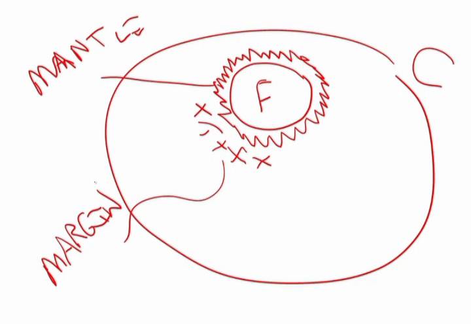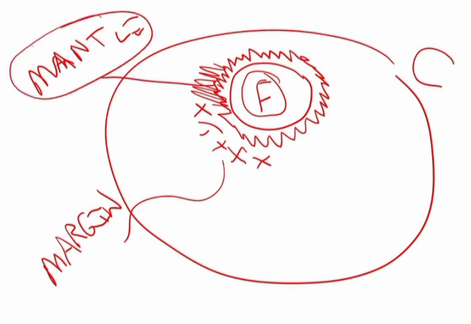And when we think about cells that are small and neoplastic, they basically produce structures that are very similar to the normal lymph node. So we can have a follicular lymphoma that's going to produce a bunch of follicle-like structures. We can have expansion of the mantle zone by neoplastic cells, which is called a mantle cell lymphoma. Or we can have expansion of the marginal zone by neoplastic cells, which is called a marginal zone lymphoma.